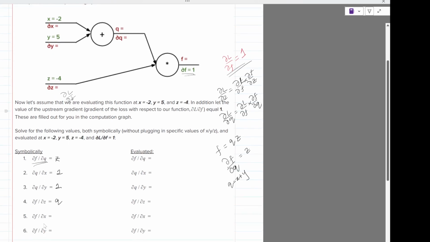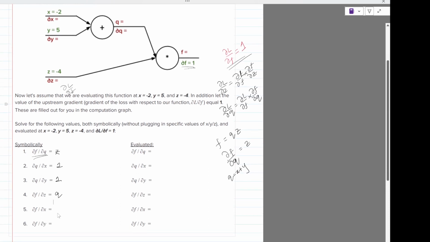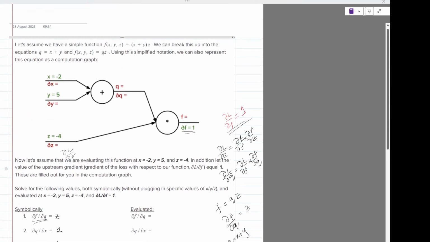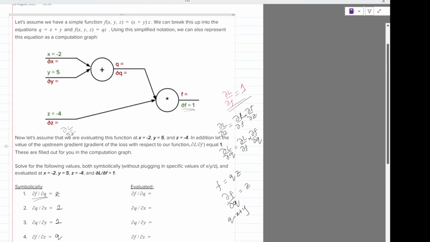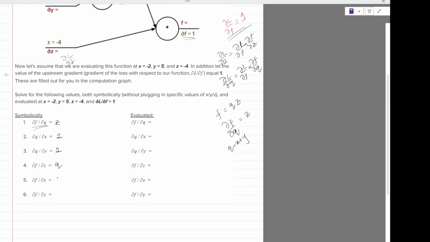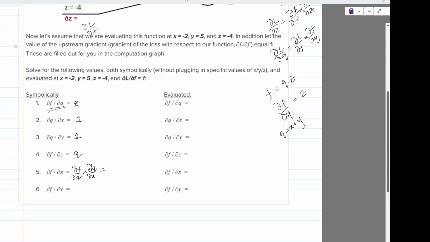Del F by del X can be written as del F by del Q into del Q by del X. So del F by del Q is Z, del Q by del X is 1.